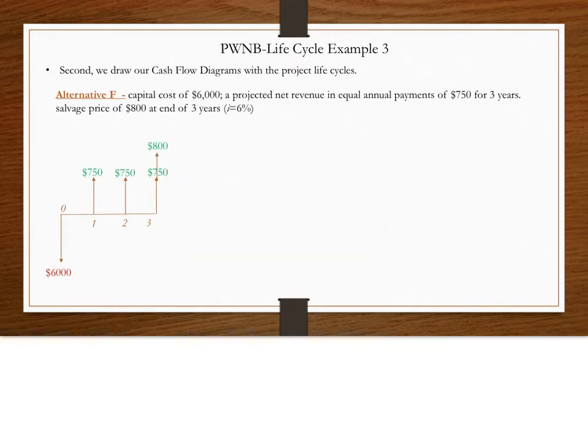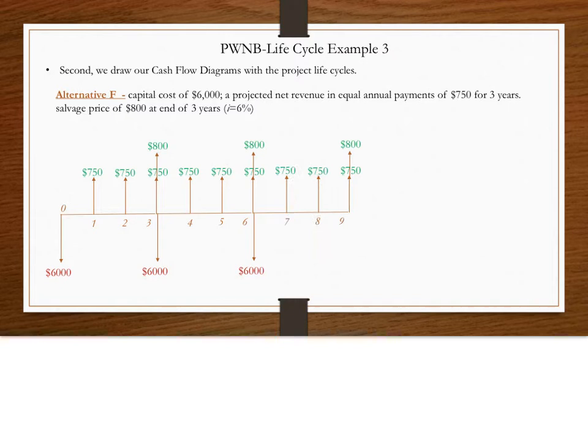Now we look at alternative F. We create the cash flow diagram with the $6,000 capital cost, $750 annual revenue at years 1, 2, and 3, and an $800 salvage price at the end of the project, year 3. Then we repeat it once, twice, 3 times until we have 4 life cycles with a total project life of 12 years.